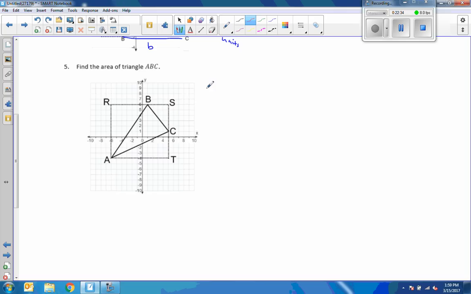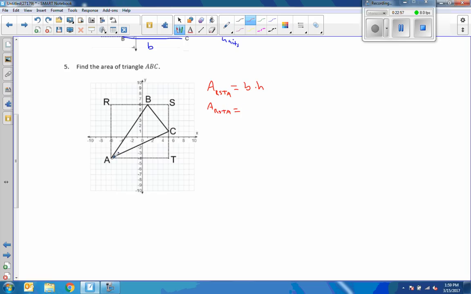So first thing I'm going to do is find the area of rectangle RSTA. The area of rectangle RSTA equals base times height.